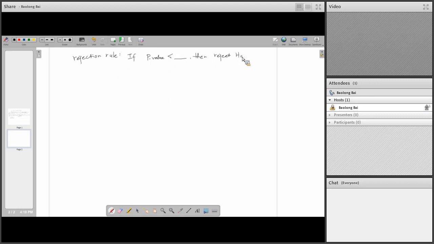So basically, if we reject the null, we are concluding the null is false. On the contrary, then the alternative will be true, right? And if we fail to reject the null, then we don't have evidence to say the alternative is true, right?